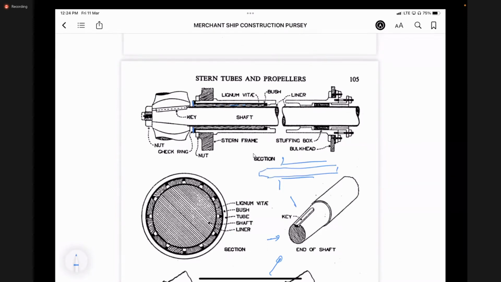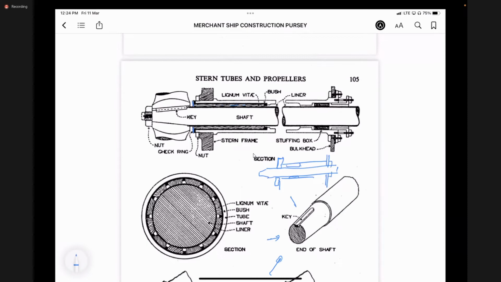On this flanged tube, we add a locking mechanism here, which that person is calling here the check ring. On the aft also, we will have a locking mechanism, and between, if it is a water-cooled system, we will have lignum vitae strips and bushes. And in the aft, again, the bulkhead is there, and we will have a locking arrangement.